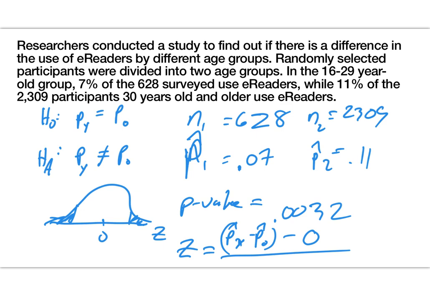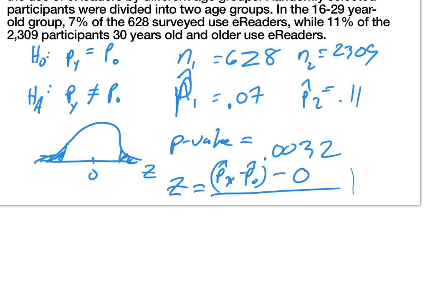If they're the same, then they're 0. Denominator is p hat 1 q hat 1 over n1 plus p hat 2 q hat 2 over n2.